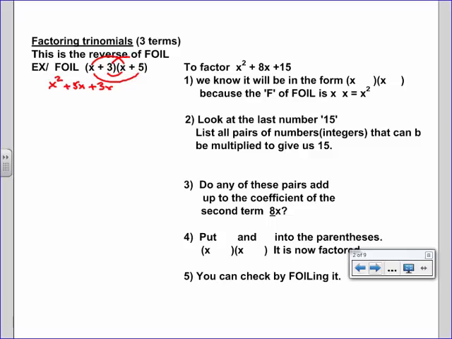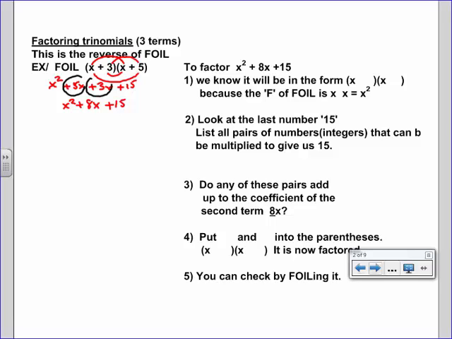And then your last would be 15. So you'd combine your common terms of 5x and 3x. When you FOIL, you get x squared plus 8x plus 15.